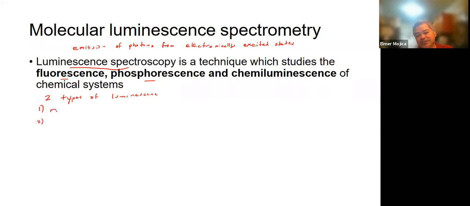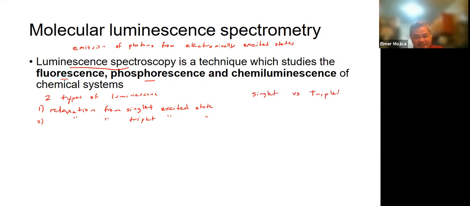So one is a relaxation from a singlet excited state, and the other one is relaxation from a triplet excited state. So you might ask yourself, what are these singlet and triplet states?